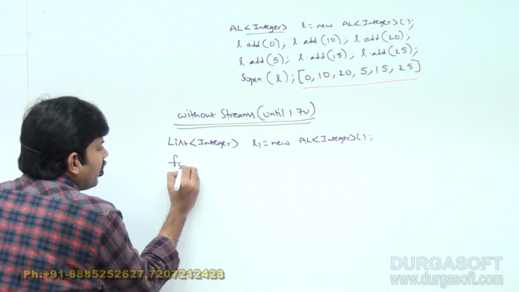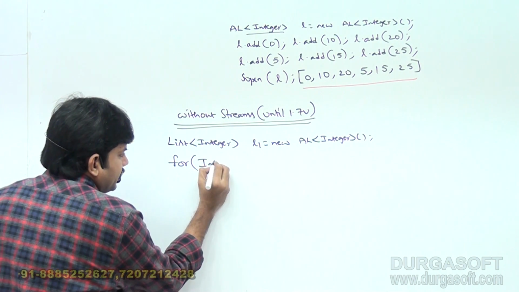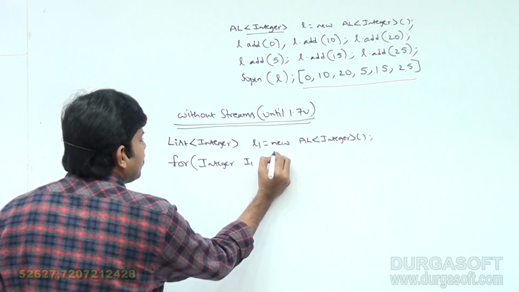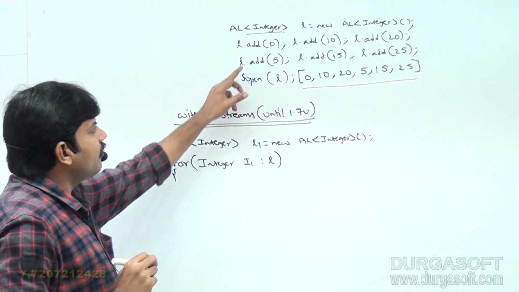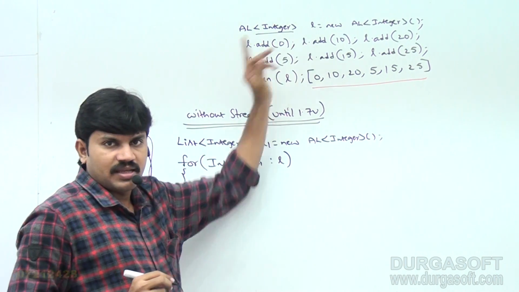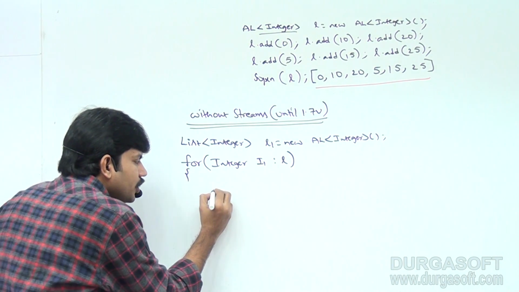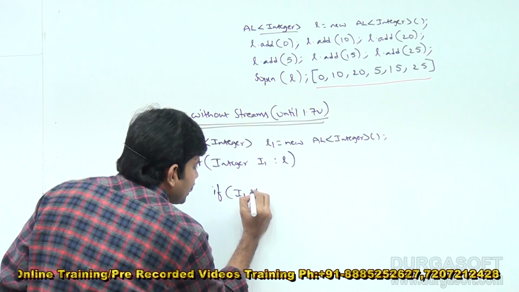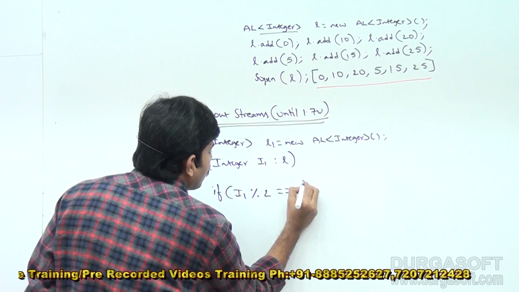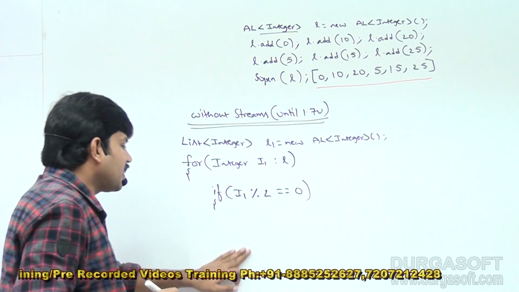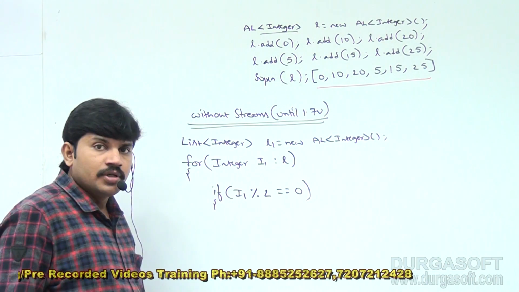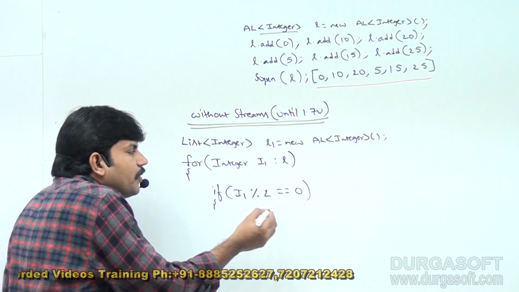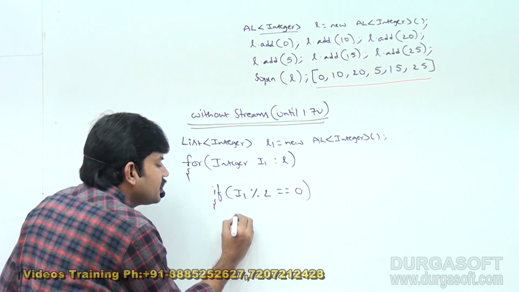Next, for each Integer I1 in L, for every Integer present inside L, if I1 % 2 == 0, if it is an even number, can you please add that number to this new list?